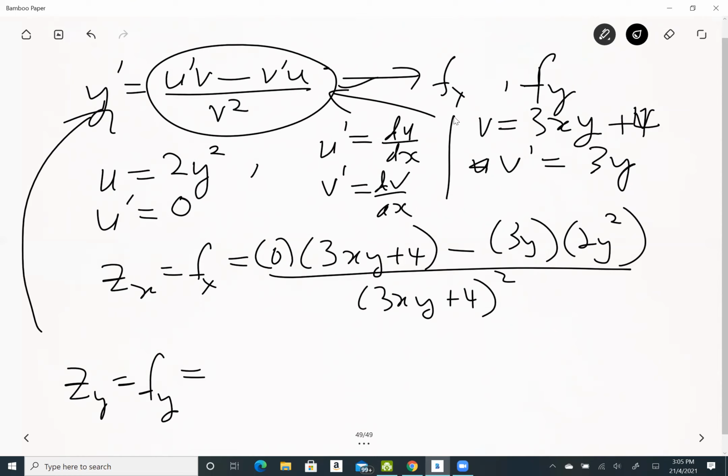It's not du dx because we are doing the partial derivative with respect to y. I want you to take your time, but do it quickly. Get u prime, v prime.